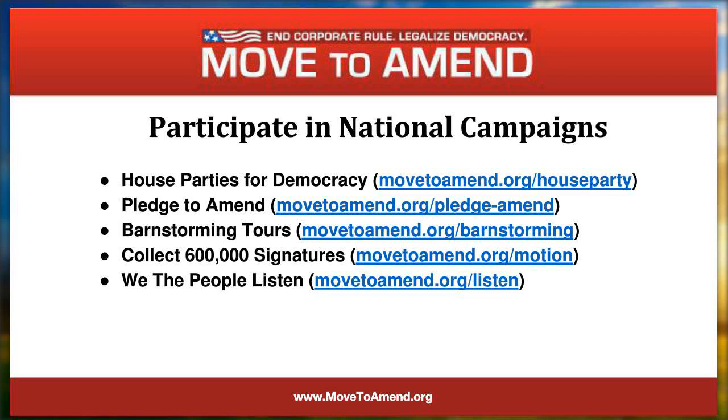We'll give you the tools and resources you need to organize a public film screening of Move to Amend's mini documentary, Legalize Democracy, a great educational tool that goes through the history of how corporations came to be considered persons under the Constitution with the same rights and power as ordinary citizens, and utilizing that to take more power.